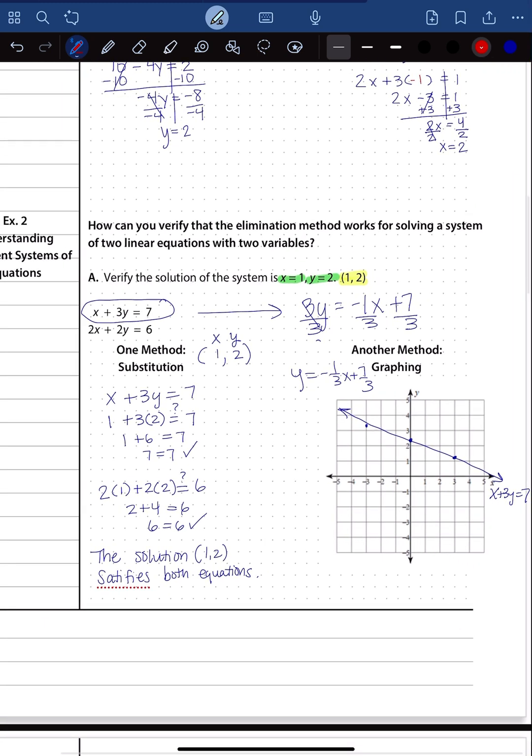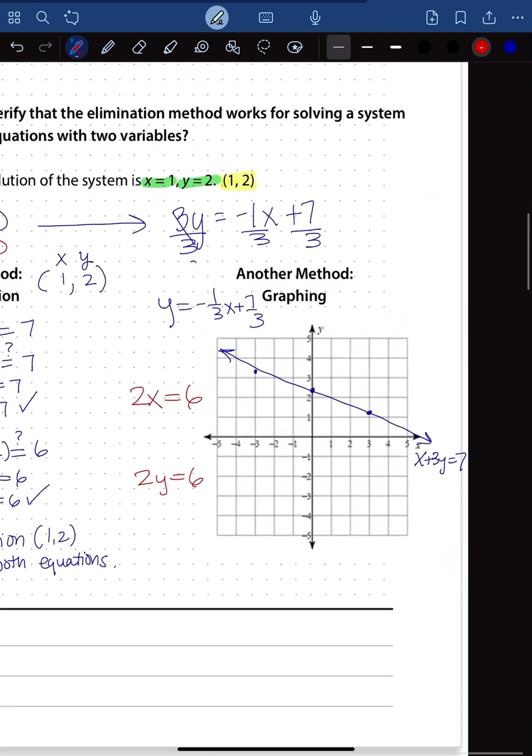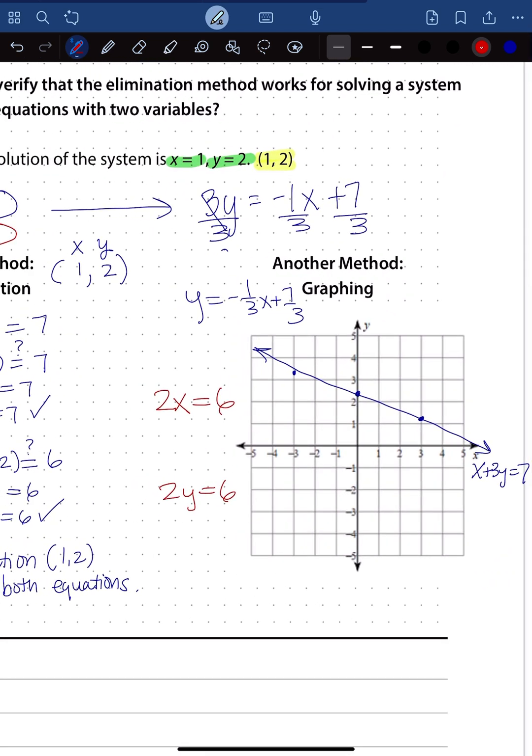And then I'm going to take this second one. Because it is in standard form, I'm going to just solve for the intercepts. To find the x-intercept, I have 2x is equal to 6. To find the y-intercept, I have 2y is equal to 6. If I solve both of these for the variable, x is equal to 3 and y is equal to 3 is the same thing.